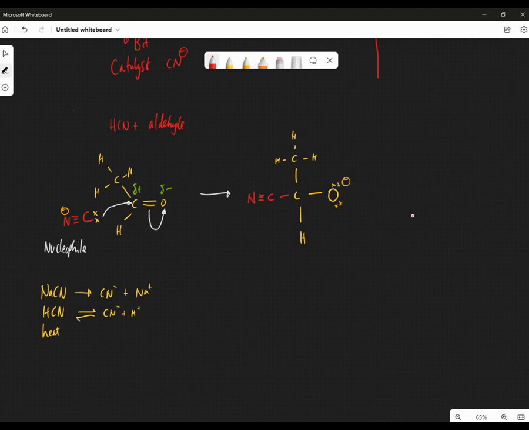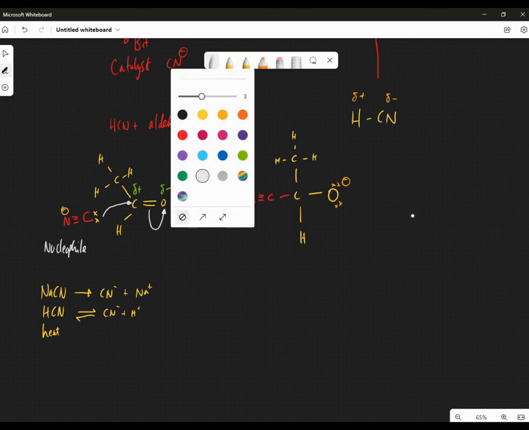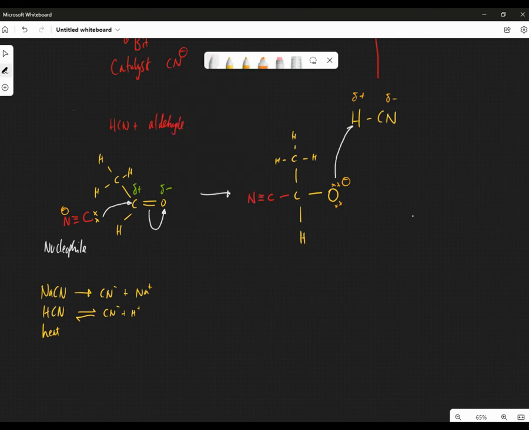You've got to learn this, I'm afraid. The CN attacks the C of the double bond, the delta plus, and you get this thing in the middle. Now, floating around at the top here, we have an HCN molecule. These aren't very good at ionizing, but this is delta minus and this is delta plus. So one of the electron pairs from the oxygen captures this hydrogen, and these electrons go onto the CN. So what do we get now?